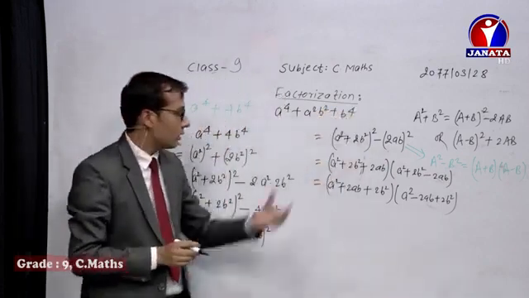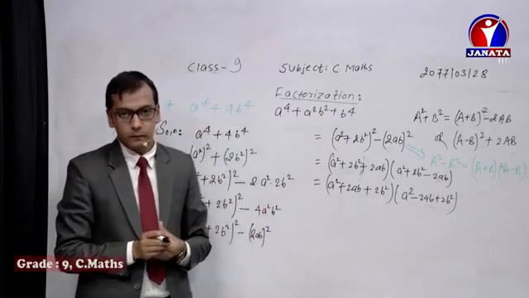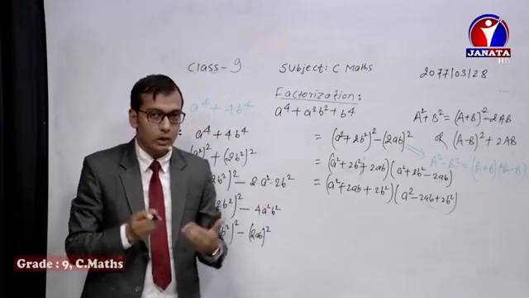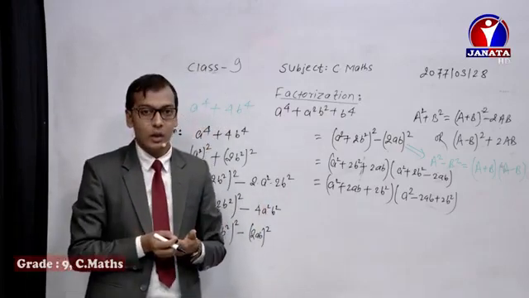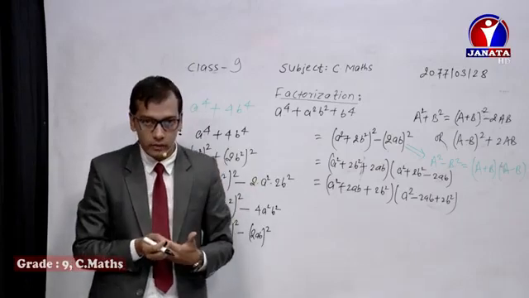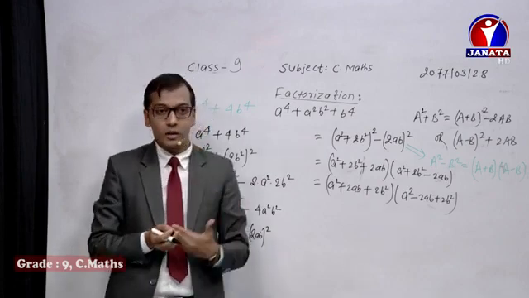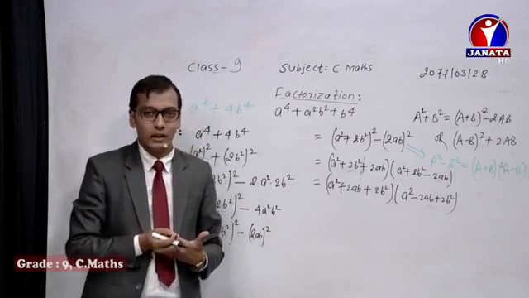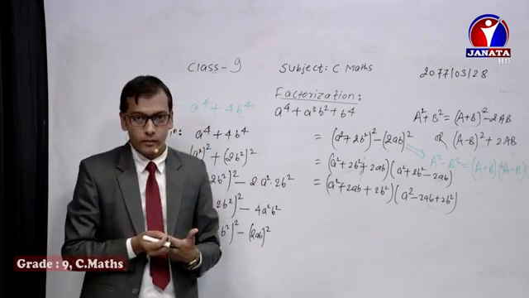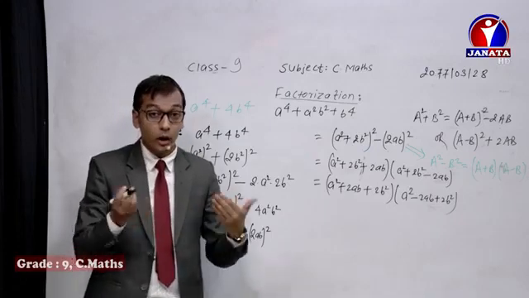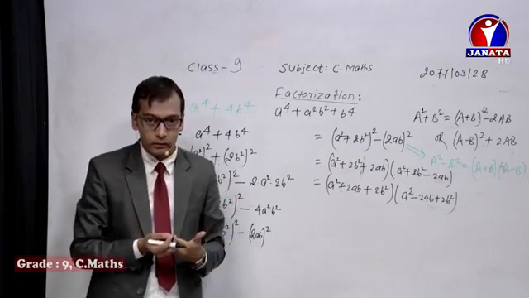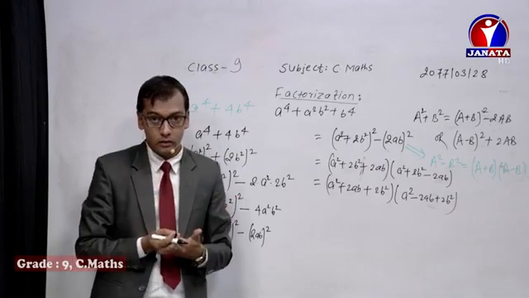We discussed this type of factorization. And similarly, there are other types of factorization, and we can use the formulas of a cube plus b cube and a cube minus b cube, and there are some other quadratic types of expressions we need to learn. And slowly, we will be learning other types of factorization in the next class.